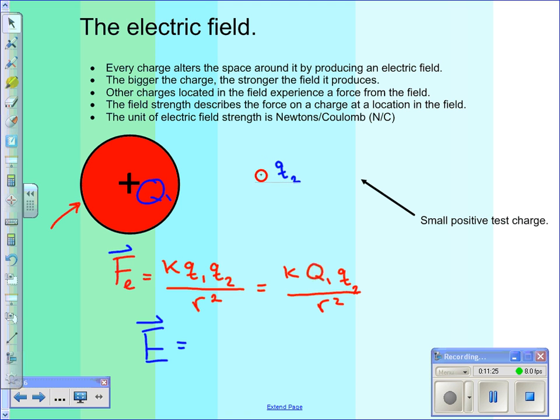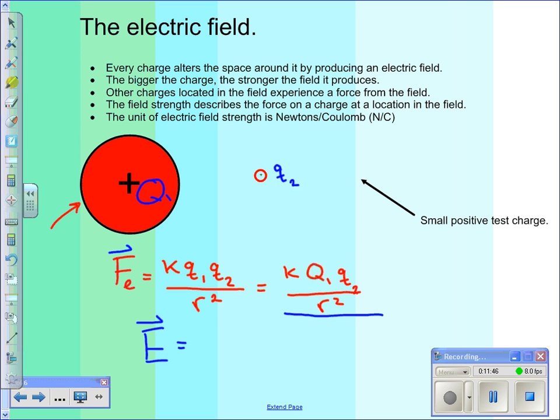So if we want to know the force that's on this little Q2, this test charge, what we're really after is the force, the newtons of force per coulomb of charge. So essentially what we do is we take the force, Coulomb's law, and we divide it by the magnitude of the charge that we're putting in the field.